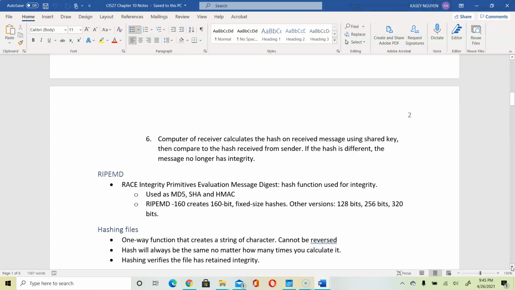It's not reversible, and the hash will always remain the same no matter how many times you calculate it.